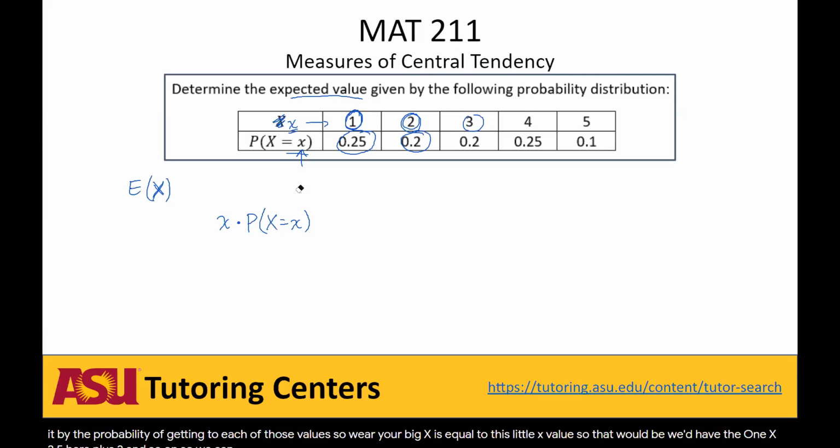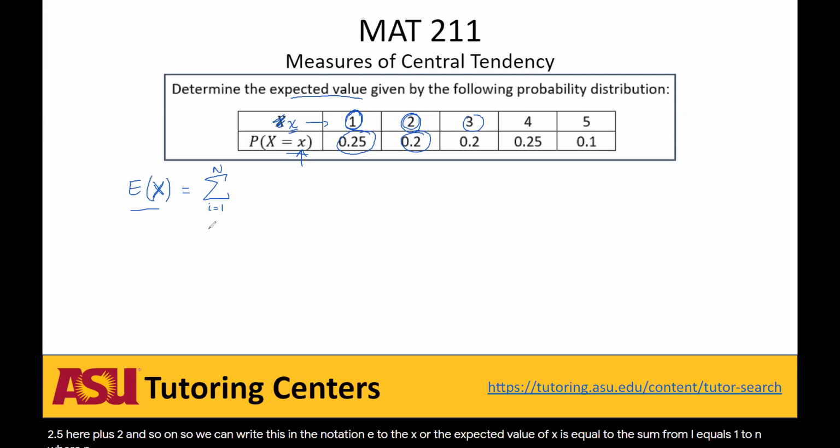So we can write this in the notation E(X), or the expected value of X, is equal to the sum from i equals 1 to n, where n is our number of different outcomes, our number of different values for our little x.